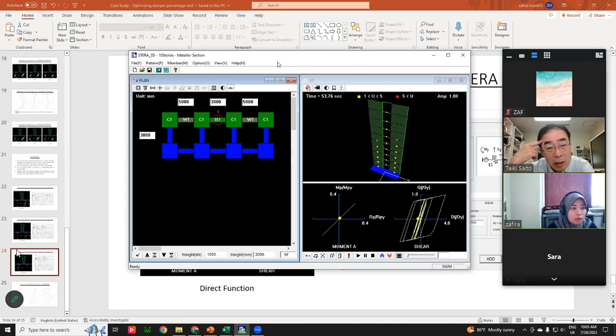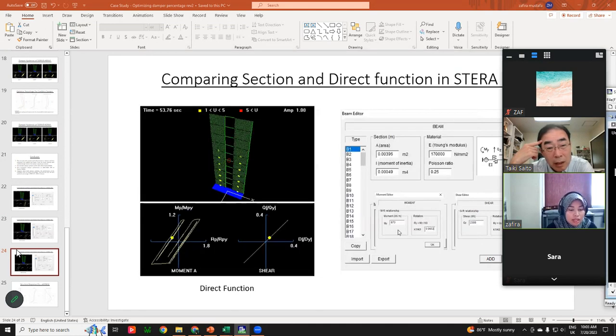So it's 1.2, and this MY should be 870. From here, we can get the same ductility as the metallic damper in the middle, so 1.8 here. But the middle part should be elastic.